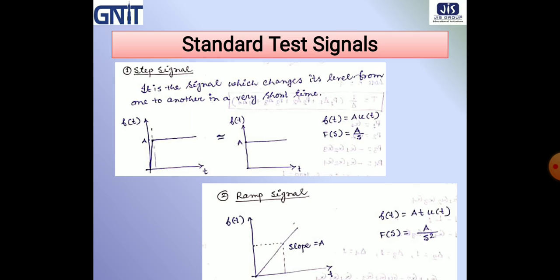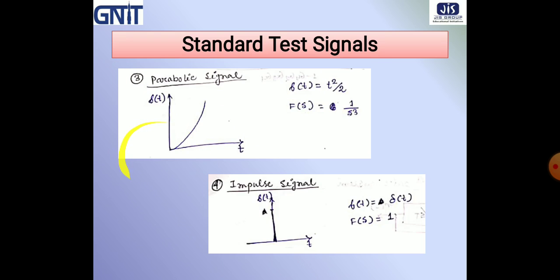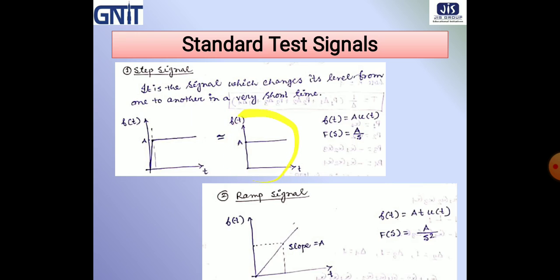A step signal is a signal which changes its level from one value to another in a very short time. Just look at the figure. Here, the response starts from the origin and goes to a high value within a very short time. So we can draw this type of figure, neglecting the transient part.